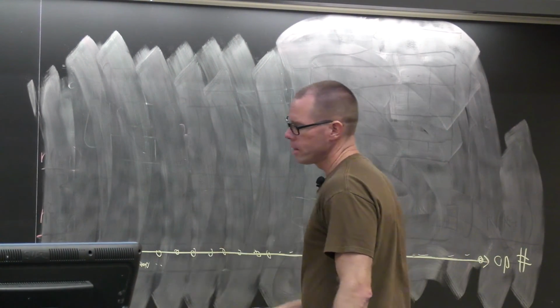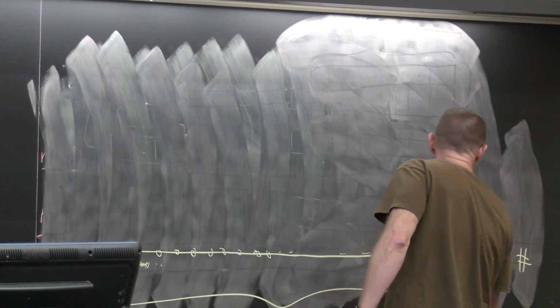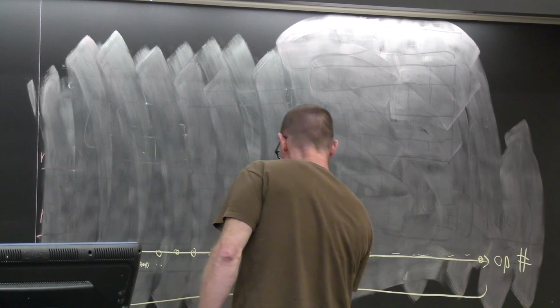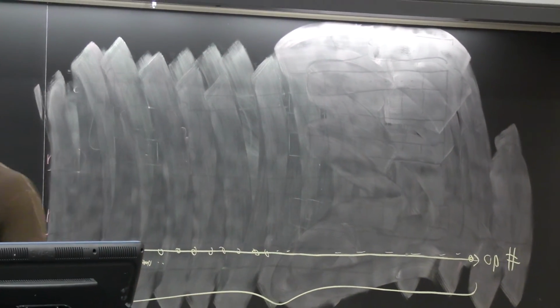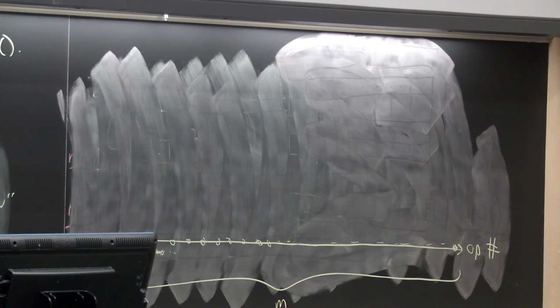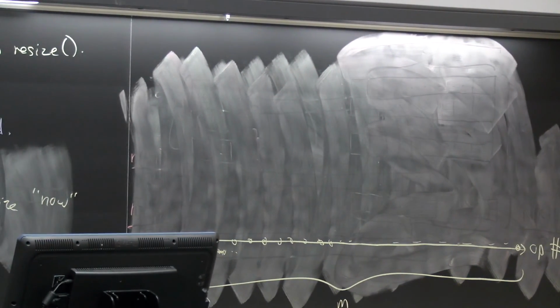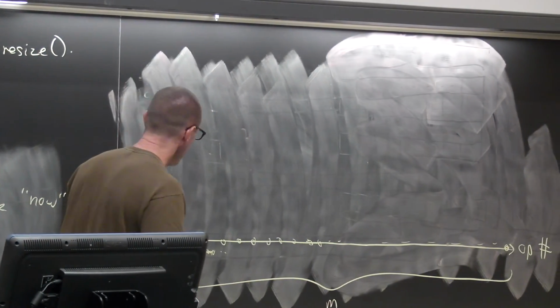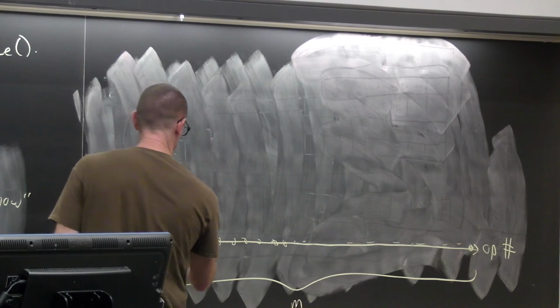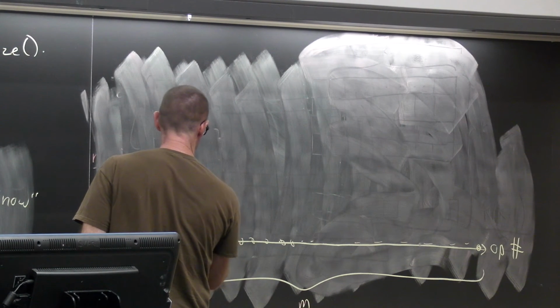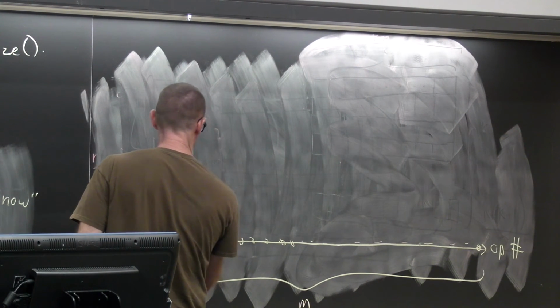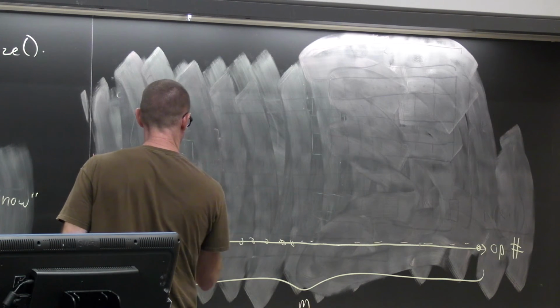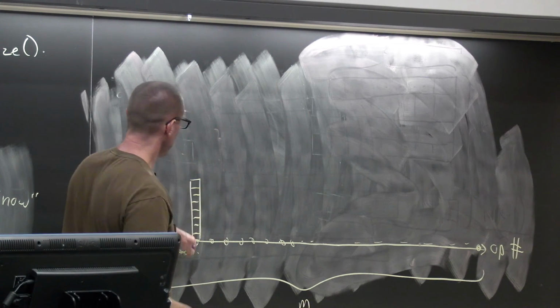And the theorem says that there are m of those add and remove operations. Now, sometimes these operations cause a resize to happen. For example, you might have a resize here, which copies this many elements.